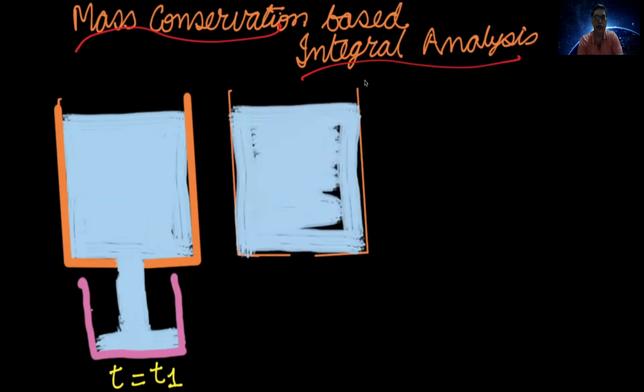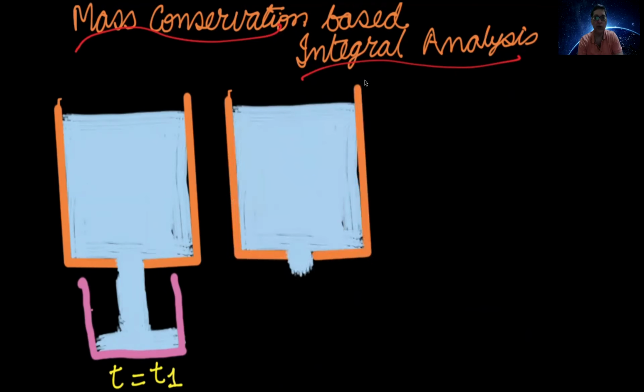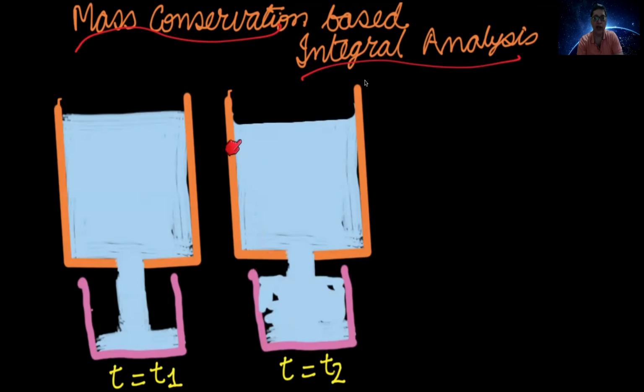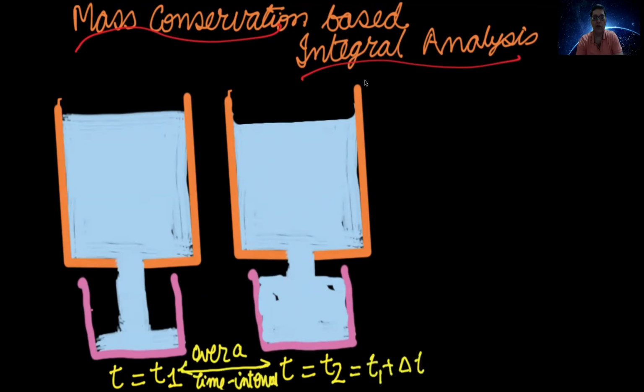So at a later time, T2, the mass of water in the bucket has increased, and in the tank, the mass has reduced. And this time T2 is after a time interval of delta T. So this T2 is equal to T1 plus delta T.